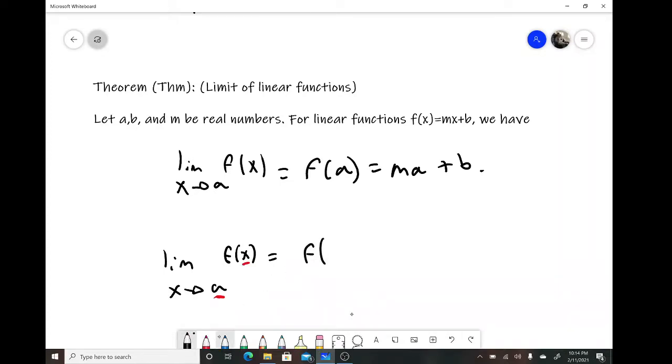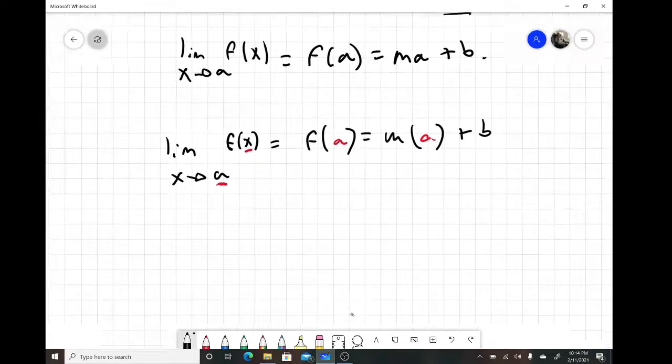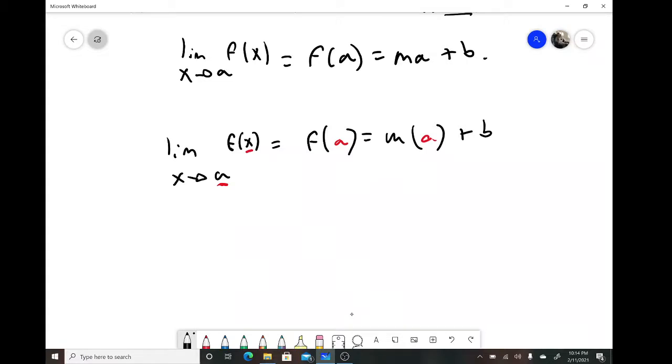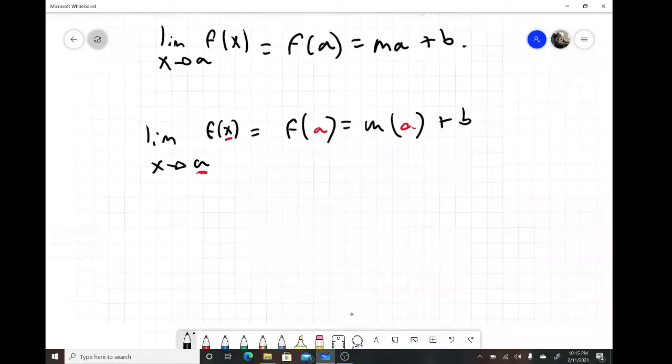So we have f of a, but remember what f was. f is mx plus b, so we have m times a plus b. So that's where we're getting this ma plus b.